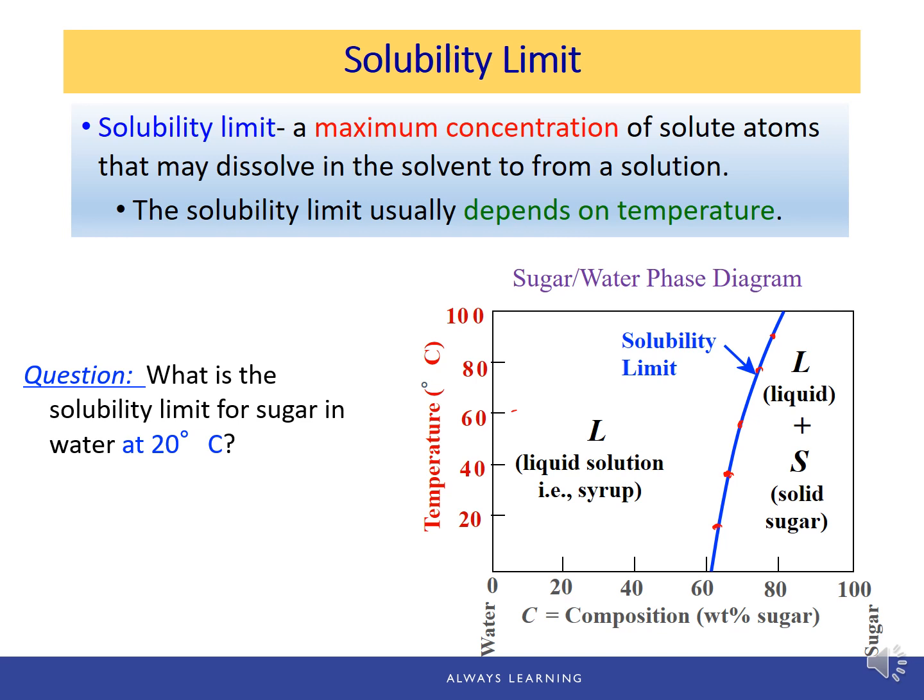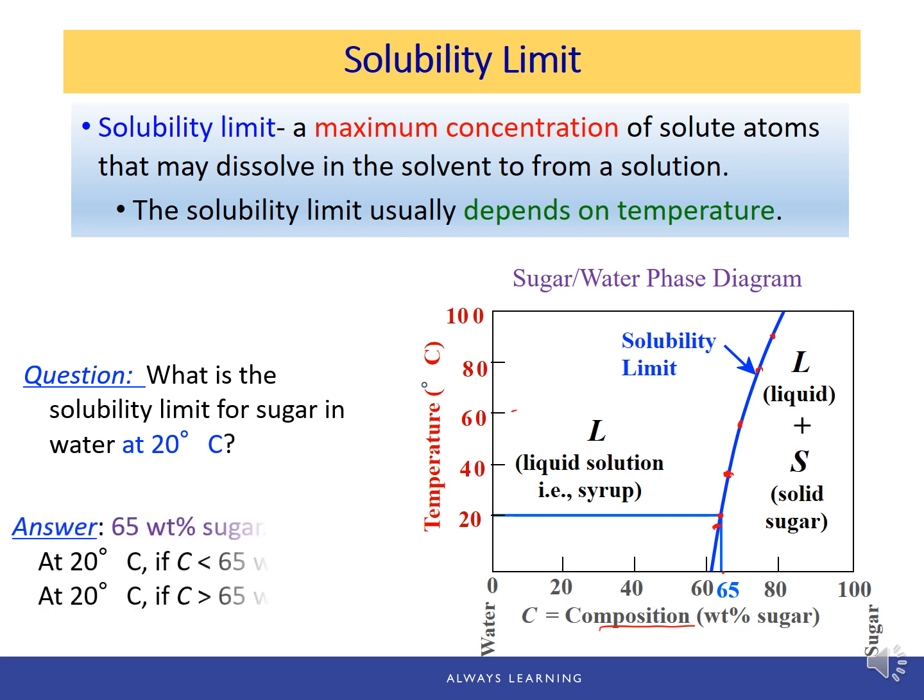So we can draw a horizontal line at temperature 20 degrees Celsius and find the intersection of the temperature line with the solubility limit line, and we read off the corresponding percentage of sugar, the composition, from the horizontal axis, which is 65%, which means at 20 degrees Celsius, the solubility limit of sugar in water is 65%, which means we can only dissolve a maximum of 65% of sugar in water at room temperature.